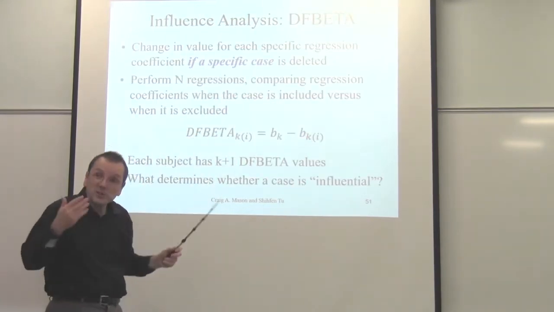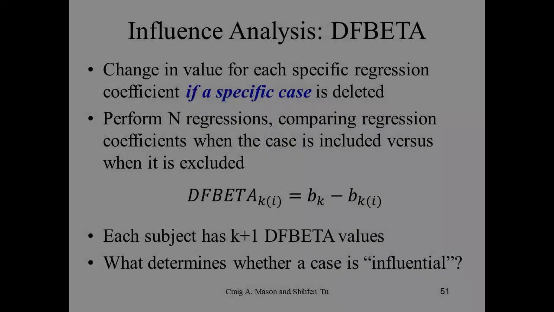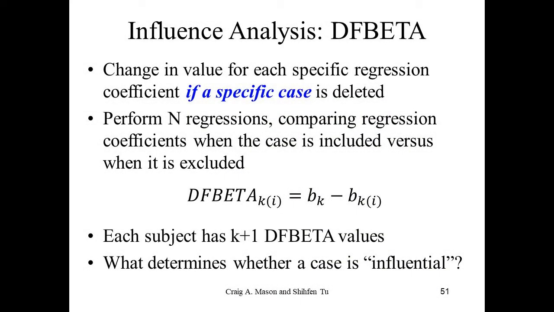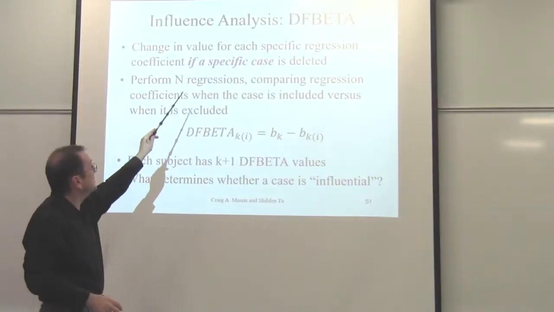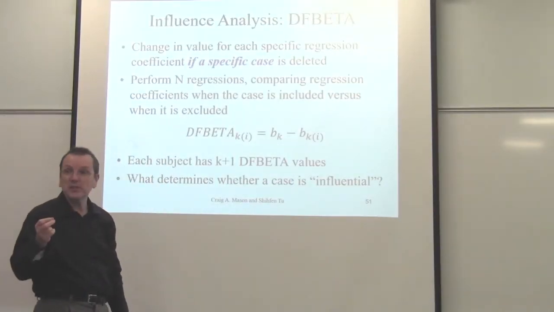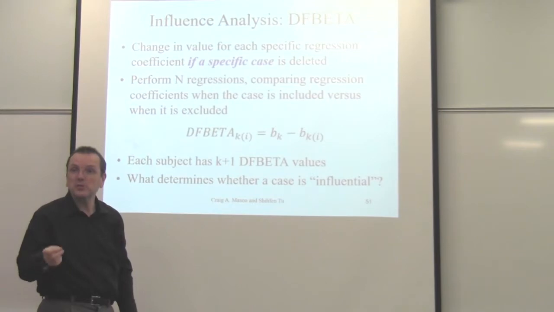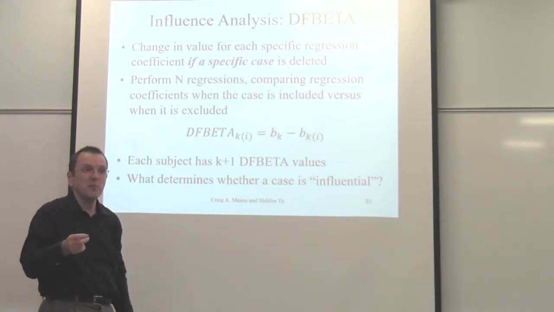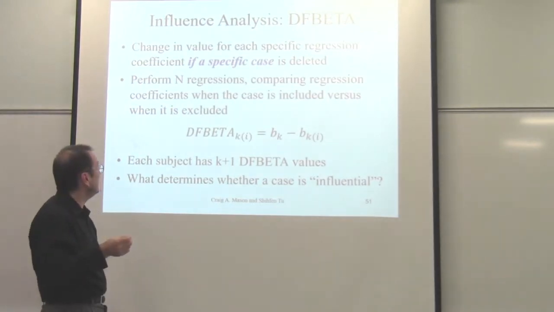DFBETA, which I personally like, is a little different in that it's now looking at each individual regression coefficient, which is why some people don't like DFBETAs. And what happens to each regression coefficient as each person is deleted from the analysis?